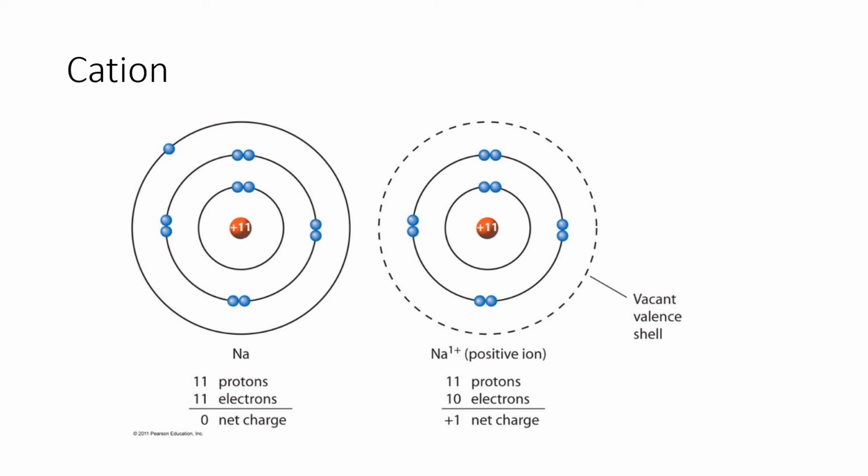And since we have one more proton, and since protons are positively charged, we have +1 net charge. And that essentially is what a cation is. A cation is an atom that loses an electron and becomes positively charged, because now there are more protons. So this is what ions are. They can be split into cation and anion.